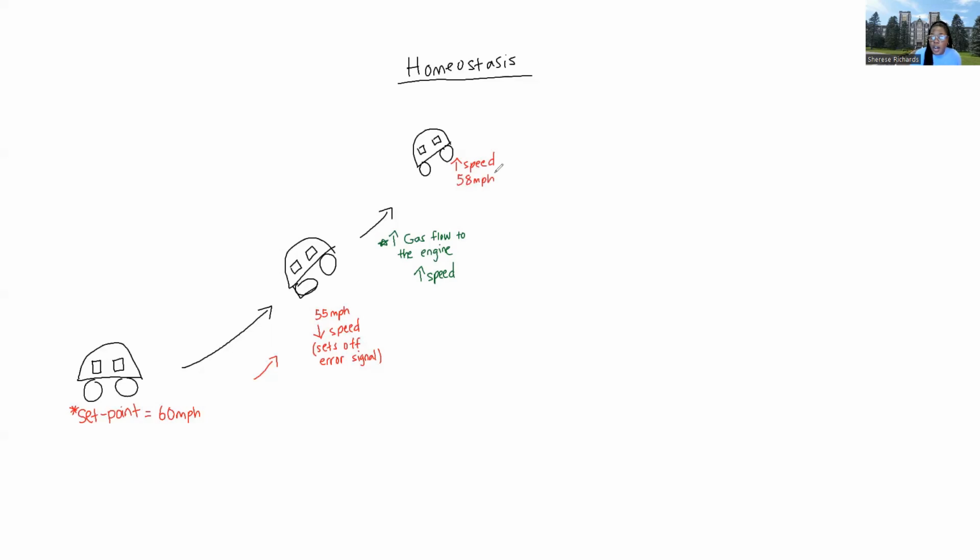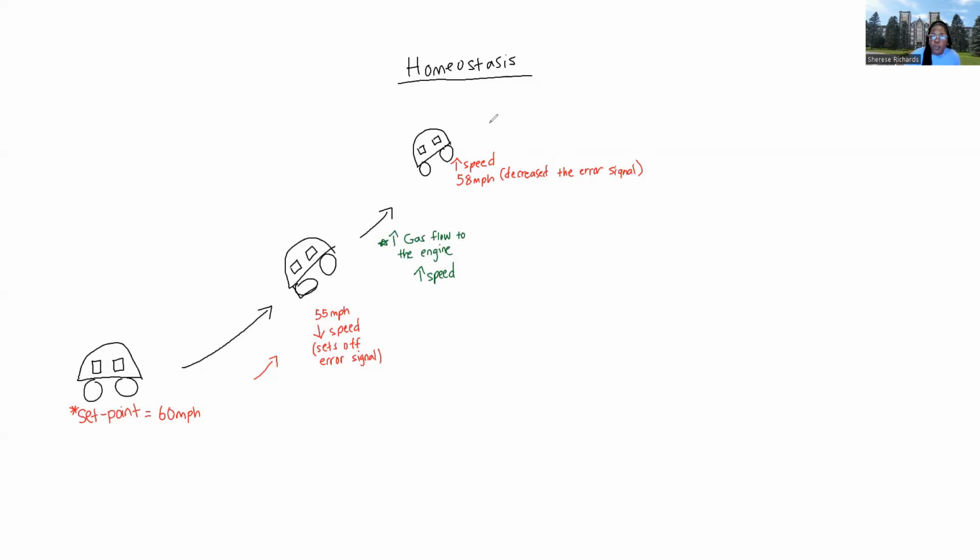Is our error signal off yet? No, not yet, because we're not back at 60, but we have somewhat decreased our error signal, right? So we've slightly decreased the error signal. But we haven't turned it off completely.